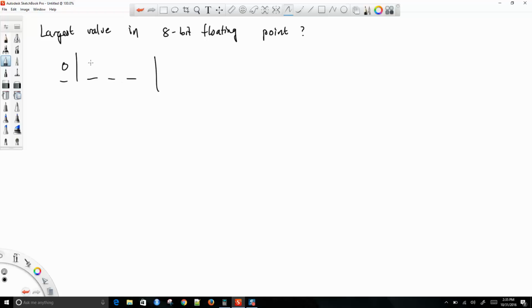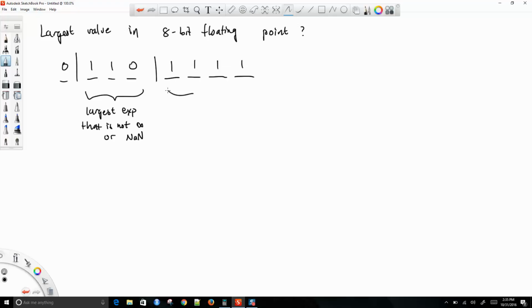It will be 1, 1, 0, because we can't have all 1s in the exponent, since that would indicate either infinity or not a number. So this is the largest exponent that is not infinity or NaN. And then what would be the largest mantissa we can have? There's no bias in the mantissa. It would just be all 1s. This would be the largest mantissa.